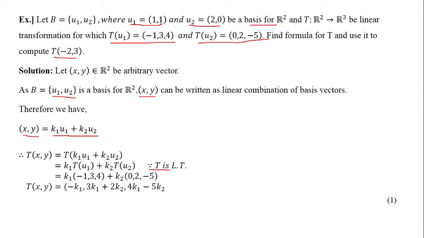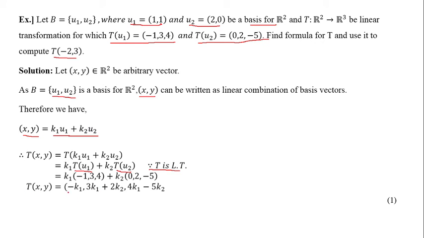Now since T is a linear transformation, you can take the scalar outside. So k1 T of u1 plus k2 T of u2. We are given that T of u1 is (-1, 3, 4) and T of u2 is (0, 2, -5). So multiply k1 inside, multiply k2 inside, and make the sum in R3.